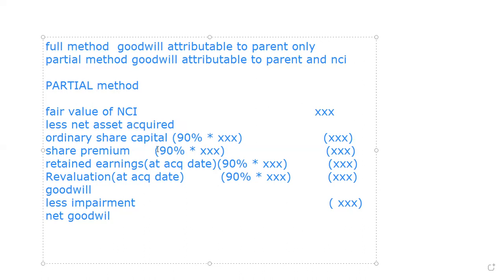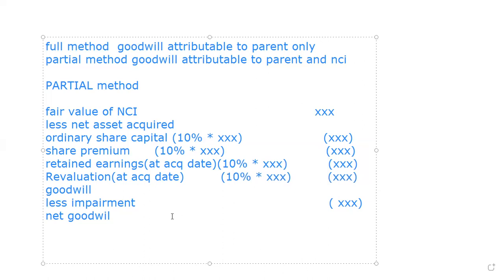Remember, if the parent's share was 90%, now NCI will be 10%. We take 10% of each item. That's how we determine the goodwill to NCI and also the goodwill to the parent.